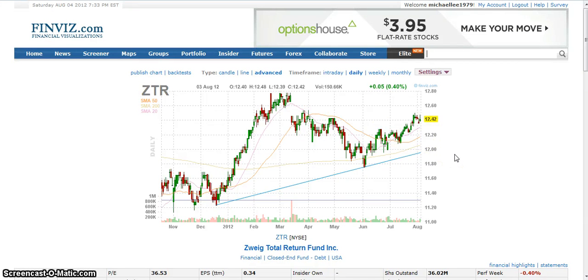All right, we're going to take a quick look now at using the trigger feature in combination with a trailing stop as opposed to using a limit sell order. I went over the trailing stop in more detail in a previous video. Just to give you an example real quick, we're looking at ZTR, which is a CEF.